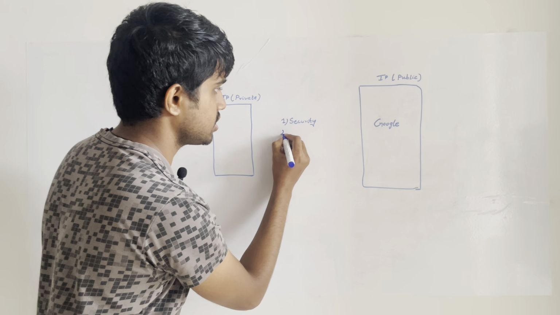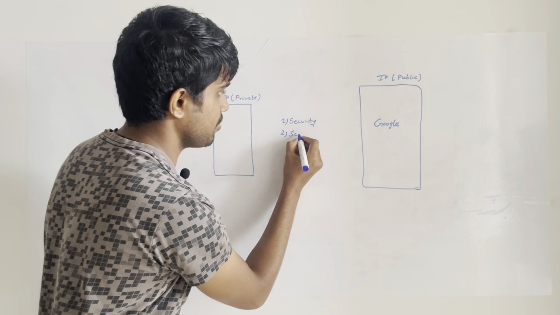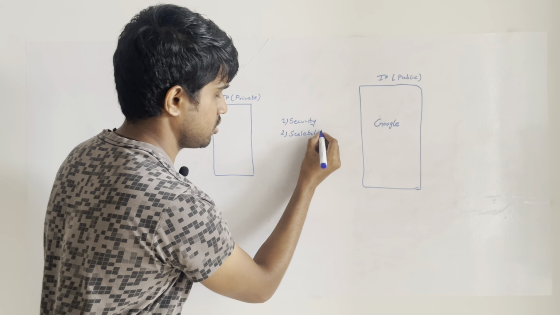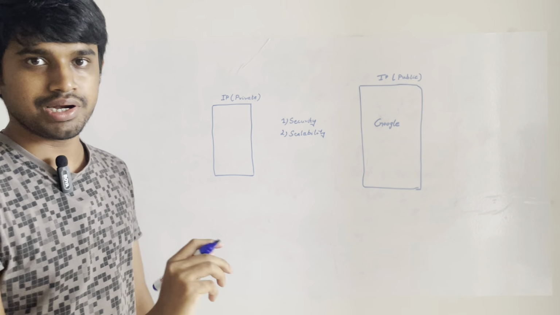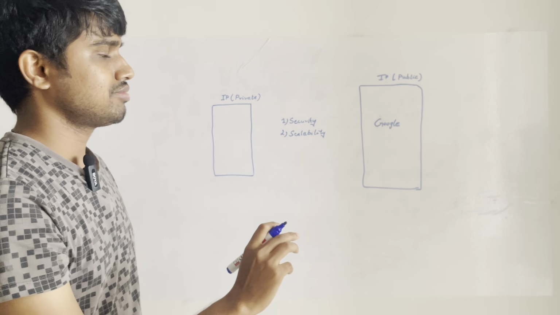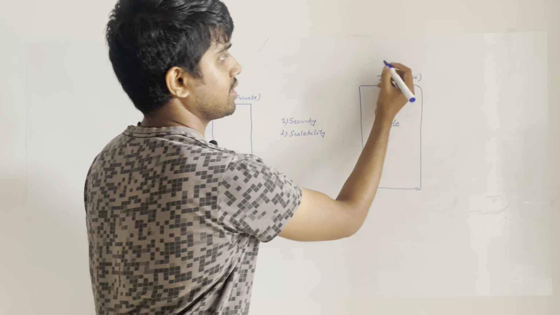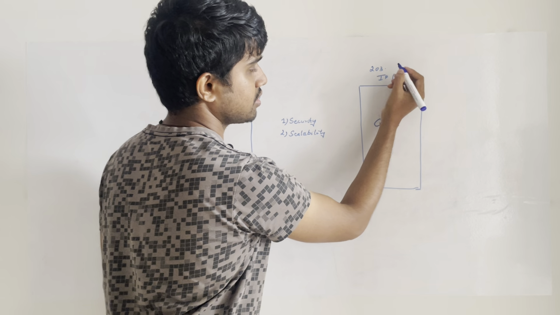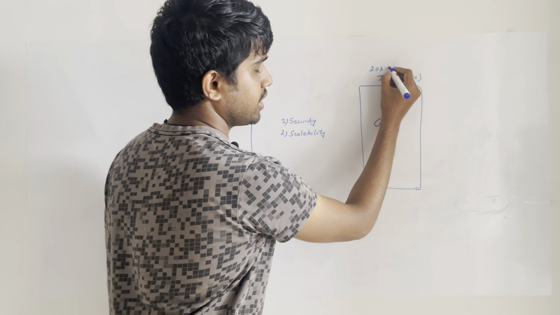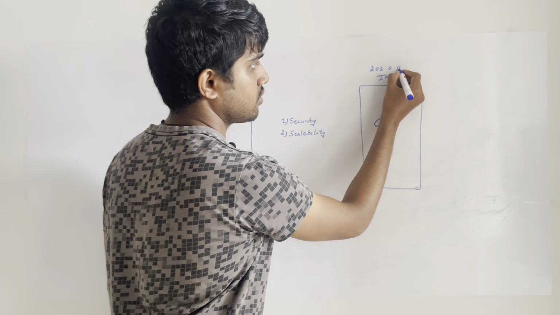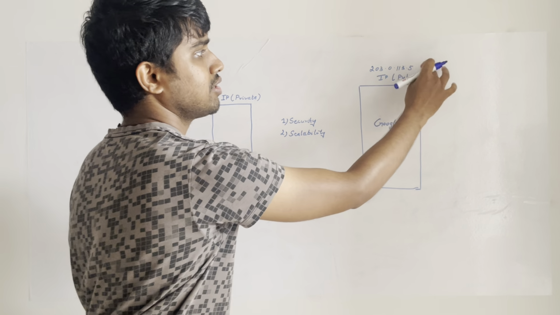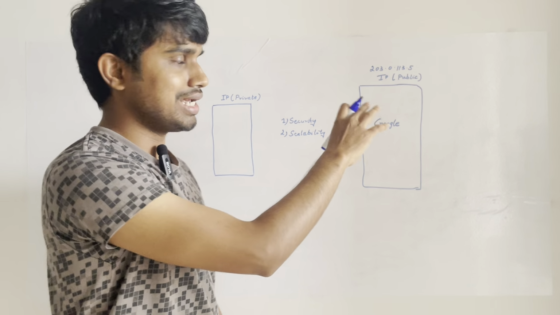And the second one is scalability. Usually IP addresses are in a format; for example, the public addresses might look like this, right? So this format falls in the public address range.